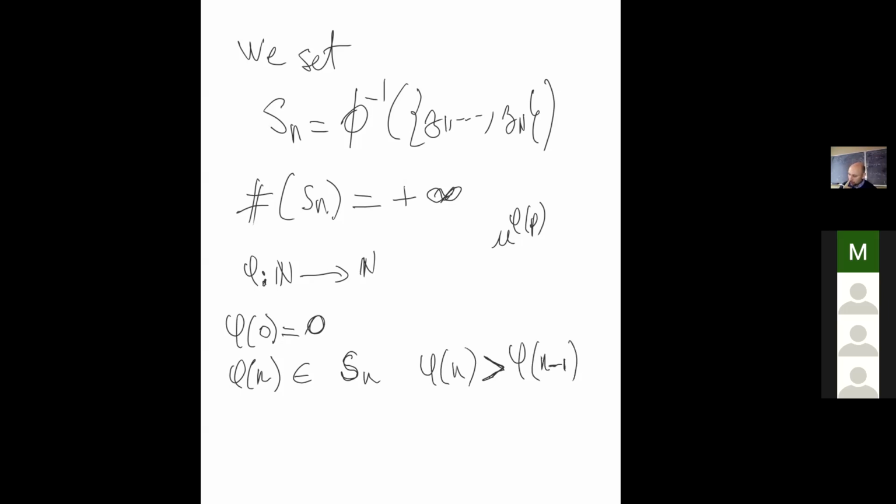Another way is to say that phi of n is the element number n of Sn. That's why this is the diagonal extraction. It's not the same, but the result is the same.